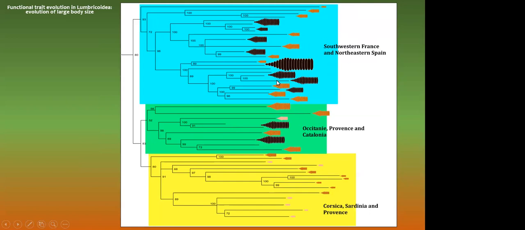And we see that in each of those clades, except Corsica, which has mostly miniaturized versions, in the other two we find that giant anecic forms have evolved independently several times, which is very interesting.